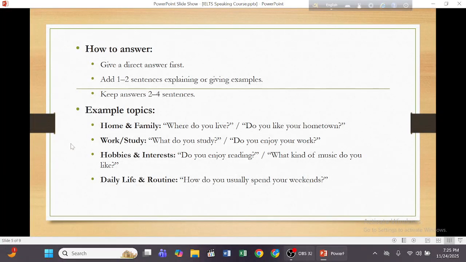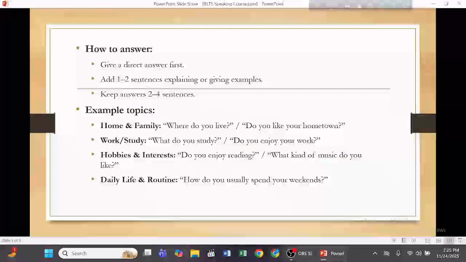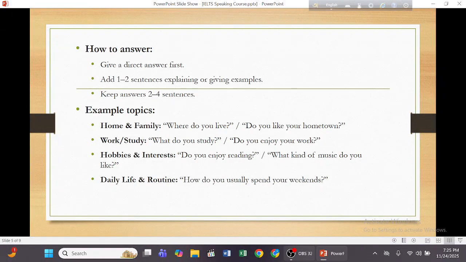Here I have tried to add some examples. If the examiner asks you about home and family, the examiner may ask, where do you live, or where are you from? For example, I reside in Dhaka, or I live in Dhaka.